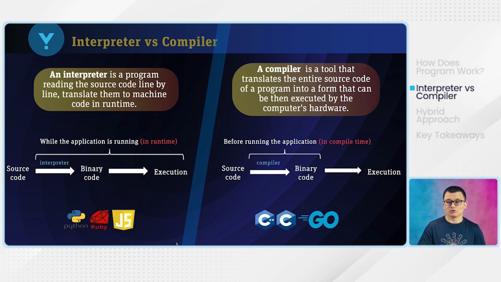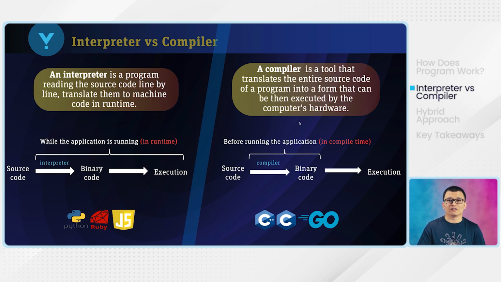Okay, so the language examples that we stated here are not using the hybrid approach because Python, Ruby, and JavaScript are only using the interpreter, not the compiler. And as for C++, C, and Go, they only use the compiler, not the interpreter. Okay, that's how those languages translate the source code into the binary code. Once the binary code is ready, then it can be executed. Then the CPU can process it.